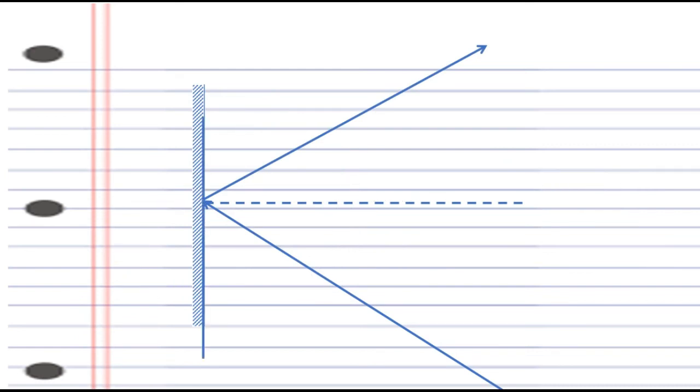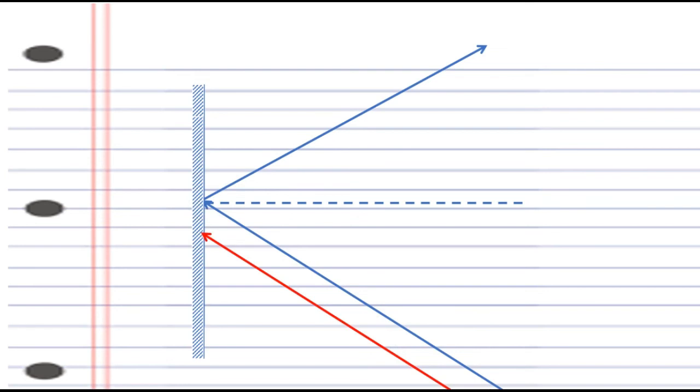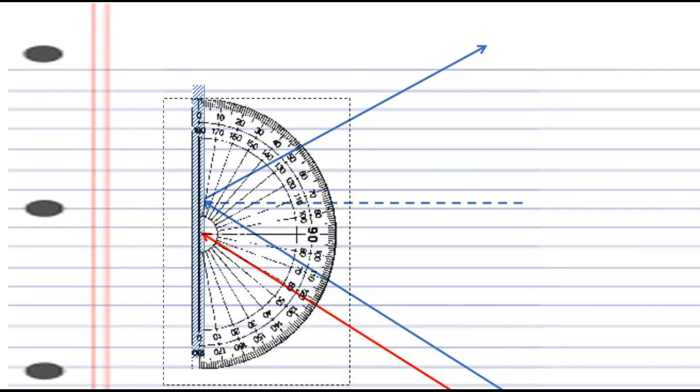Now suppose another light ray is given. Again you have to keep a protractor there. Make the 90-degree normal. Find out how much is the angle from here to here. It's again 30 degrees, right?